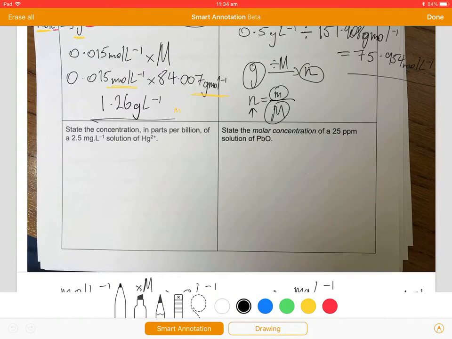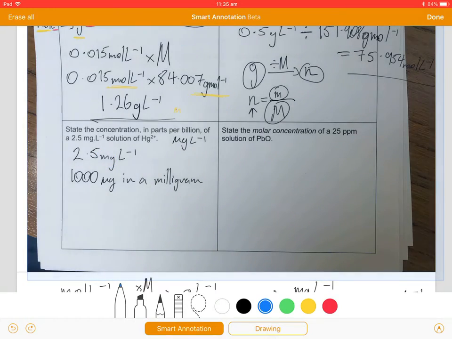I'll do these next ones as well. State the concentration in parts per billion of 2.5 milligrams per litre of Hg2+. So if we've got 2.5 milligrams per litre and parts per billion is in micrograms per litre, there's 1,000 micrograms in a milligram. Again, the per litre bit is not changing, so we don't have to stress about it.